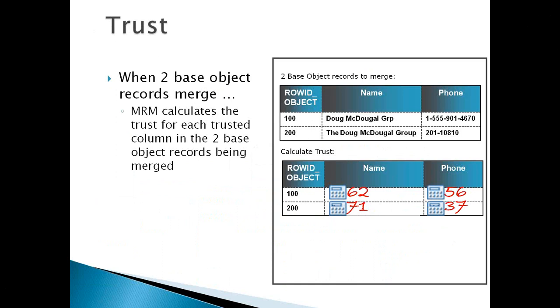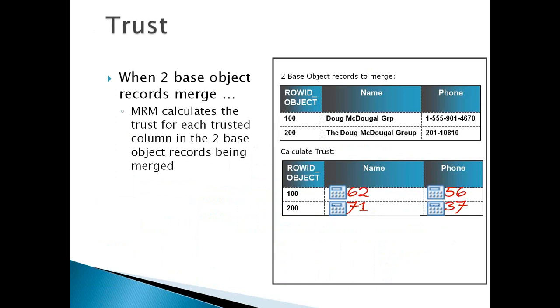So MDM will calculate the trust. Suppose trust is enabled on both the name and the phone number, and you have given the minimum trust, maximum trust, decay period, all those things. Based on all those, MDM has calculated these values.